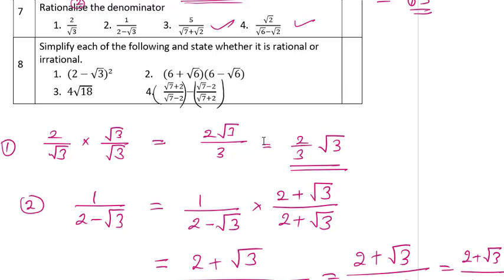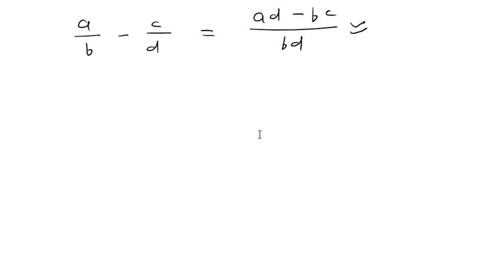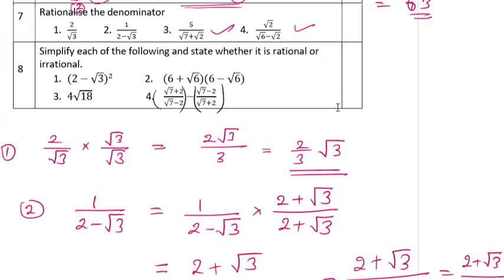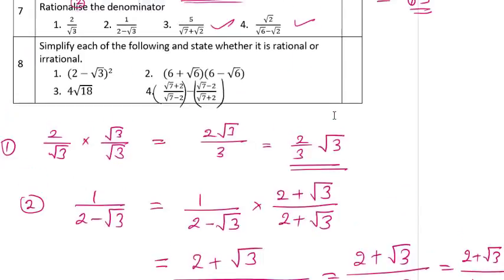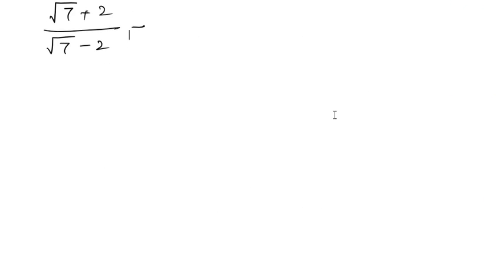So let us solve (root 7 plus 2) upon (root 7 minus 2), minus (root 7 minus 2) upon (root 7 plus 2).